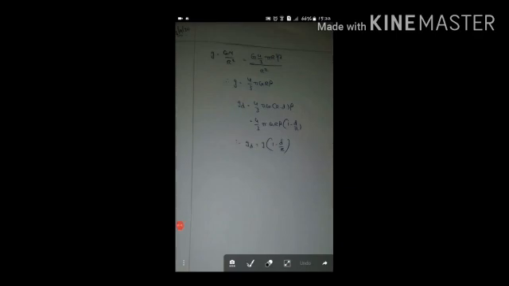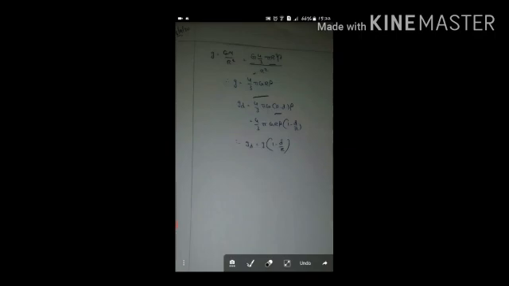Then g is equal to GM by R square, therefore we get g is equal to GM by R, and M we know is 4 by 3 pi R cube rho, we will substitute here, then we get g is equal to 4 by 3 pi G R rho. Here gd, we know gd is equal to 4 by 3 pi G R minus d rho.